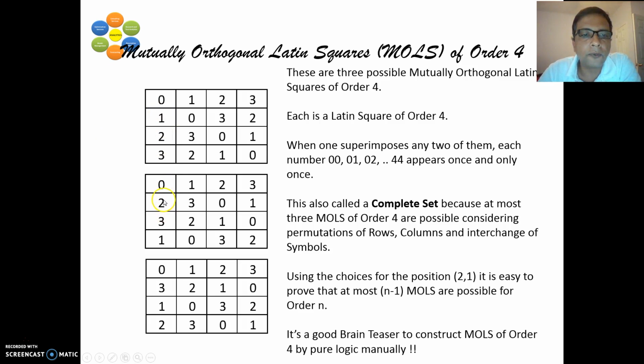So the choice of the digit in the second Latin square has to be 2, and the choice for the 2 1 position for the third Latin square has to be 3, because I cannot put 1 here since 1 1 has already come, so it has to be different from 1, and I had to put 3 here because it has to be different from 2, otherwise 2 2 has already appeared. So for a Latin square of order n, there can be at most n minus 1 mutually orthogonal Latin squares.